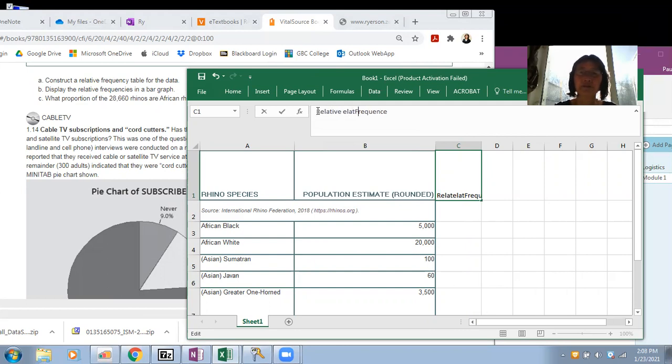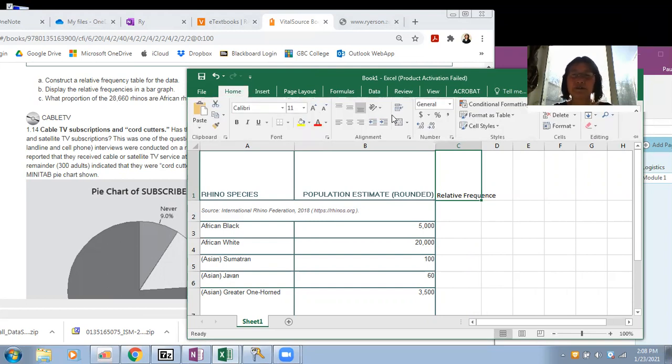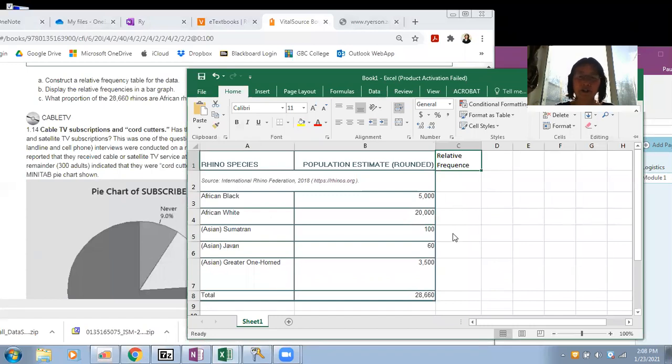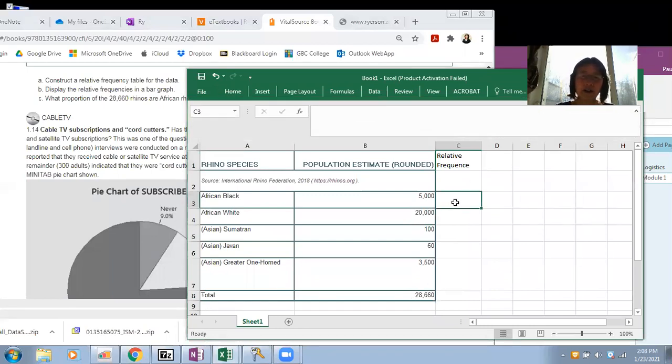I'm going to wrap the text. Okay. So by definition, relative frequency is equal to each number divided by the total number. Okay, so this is relative frequency for African black.